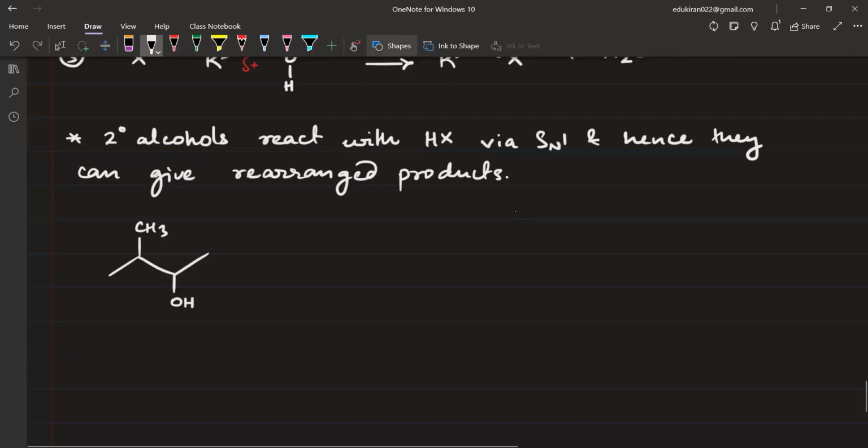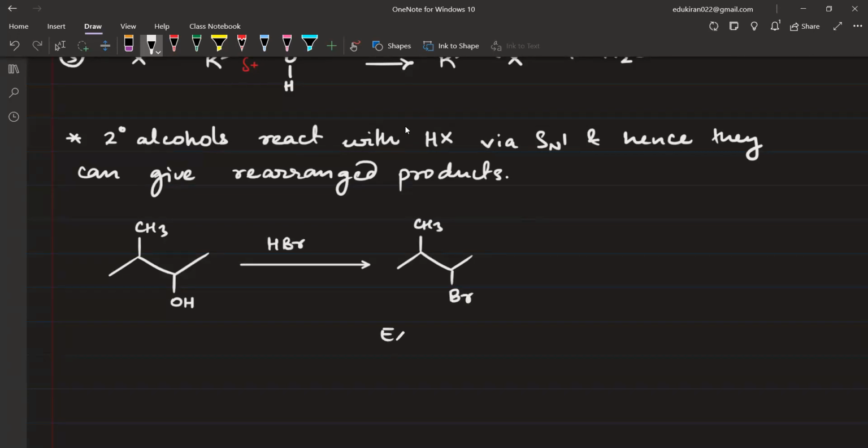It reacts with HBr. So our expected product is the CH3, everything as it is. In place of OH, we should be getting Br. This is my expected product.